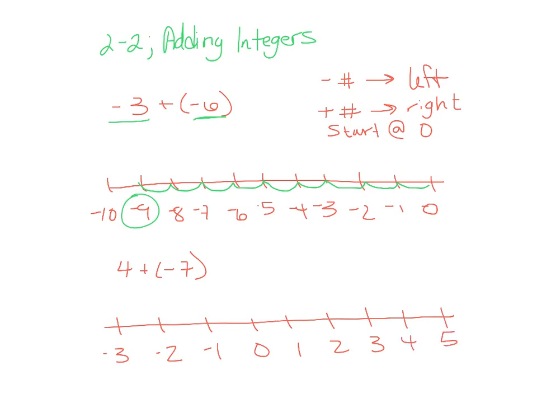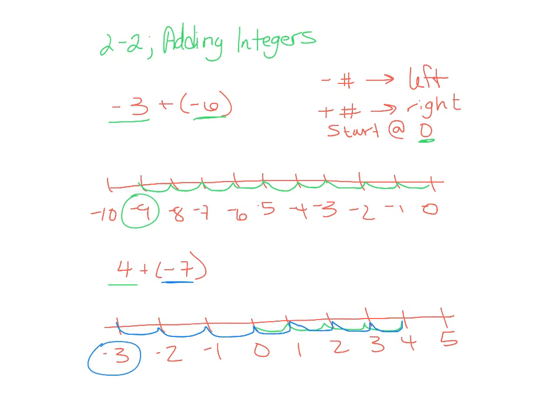We're starting at 0, because we always start at 0. And we have 4, which is positive 4. So we're counting to the right 4 places from 0. So 1, 2, 3, 4. And then we have negative 7. So that tells us to go to the left 7 spots. 1, 2, 3, 4, 5, 6, 7. And we end up on negative 3.